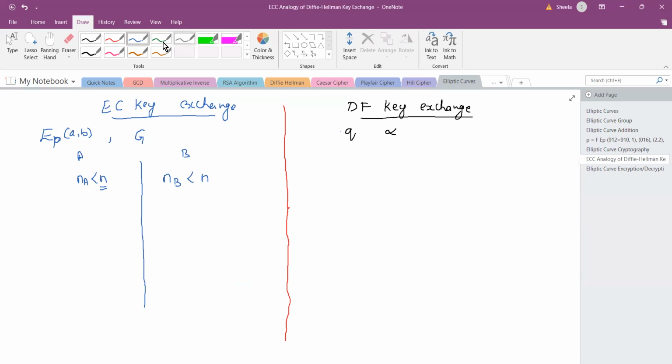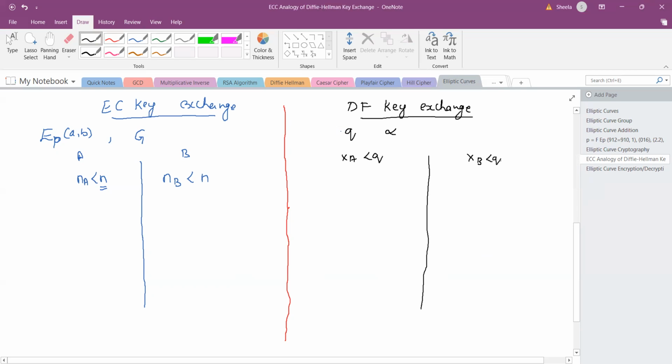And in case of Diffie-Hellman key exchange, what are we going to do? Here both the users will select their private keys, that is XA, which is less than Q, and XB, which is less than Q. So now using the private key, we have to calculate the public key.